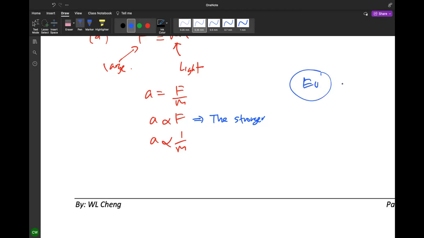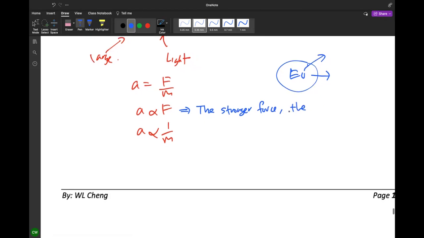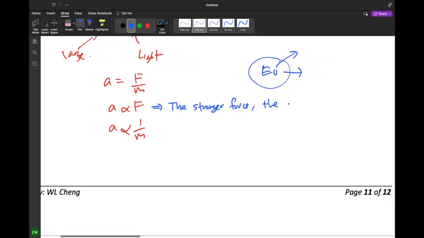Because EV is actually like a racing car, you know. When you accelerate, it's going to be very, very fast. 它冲得很快的，冲力很足。Okay, EV. That means the stronger the force, the greater the acceleration. 马力越大，它越快。The stronger the force, the greater the acceleration.